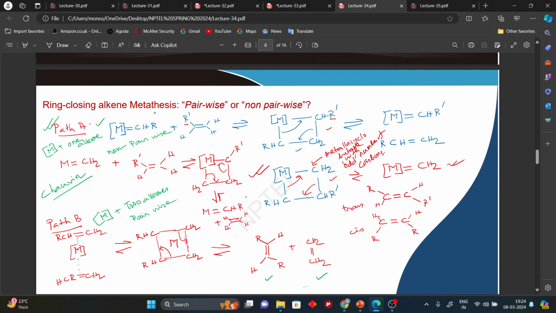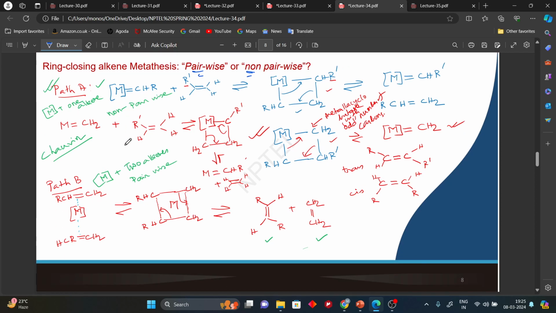So for including metathesis, two pathways are proposed: pairwise and non-pairwise. This is one of the early proposals that it happens in this manner.